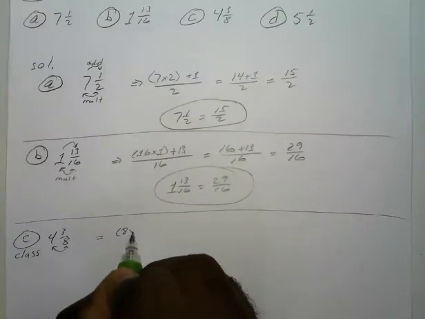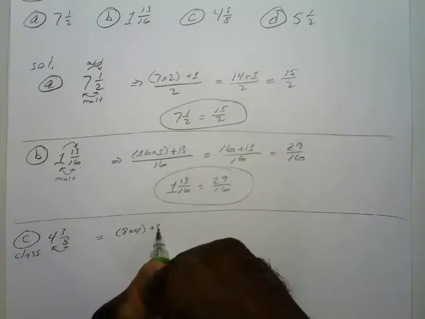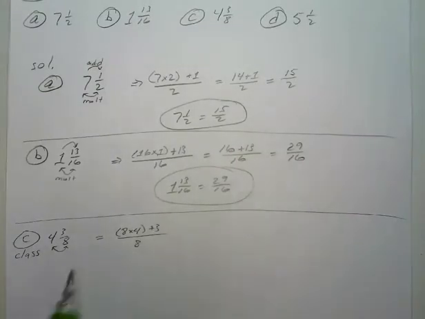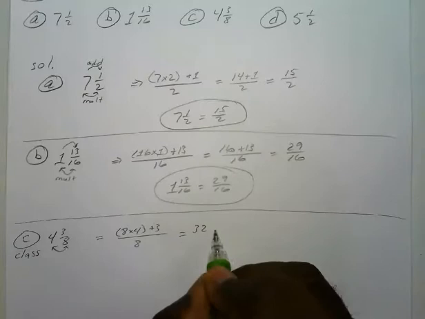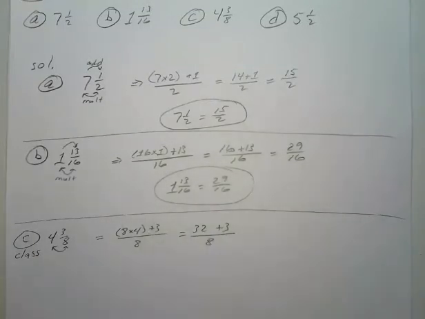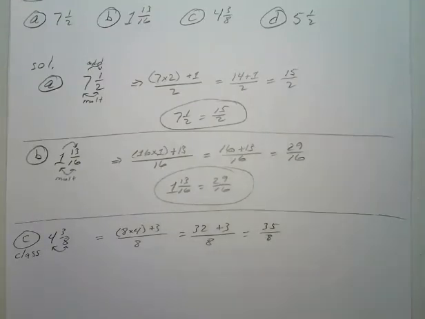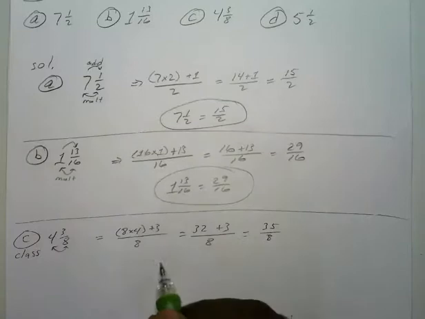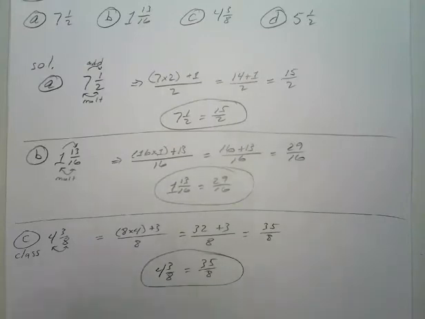So you have 8 times 4. Then you're going to add your numerator, and your denominator stays the same. So 8 times 4 is 32, plus 3 over 8, which gives you 35 over 8. Okay, so we know that 4 3/8 is equal to 35 over 8.